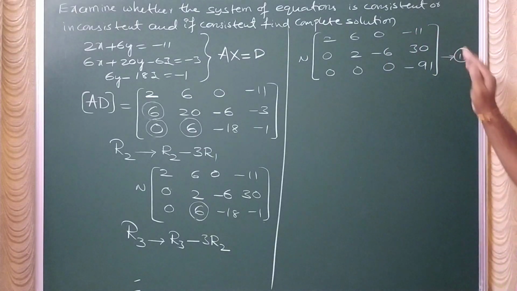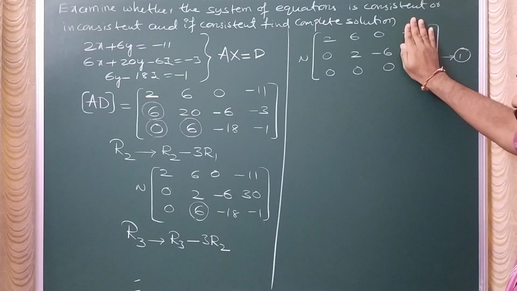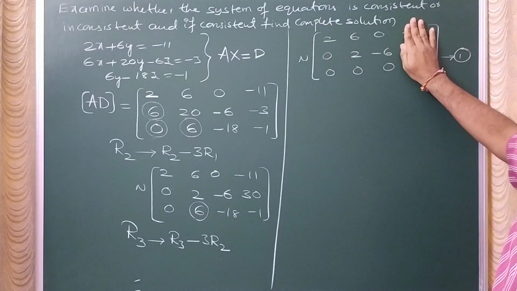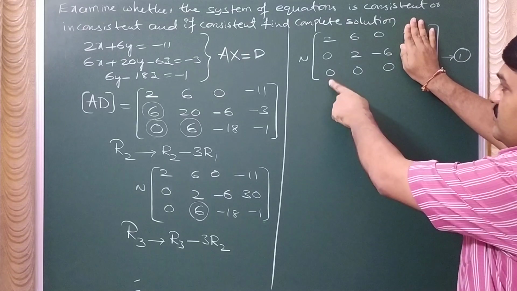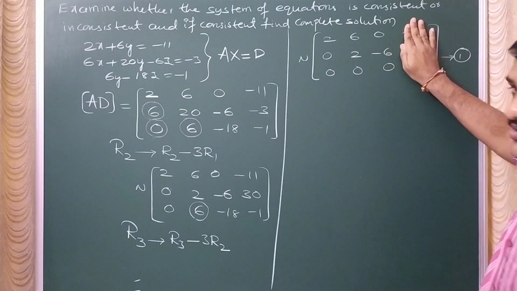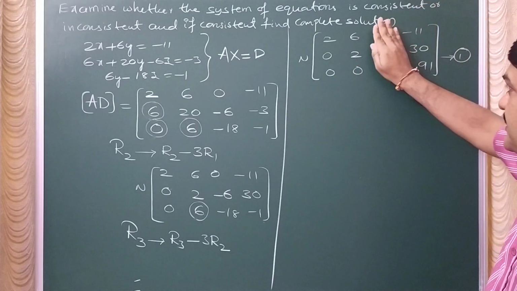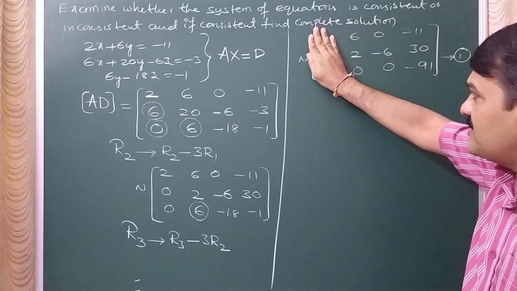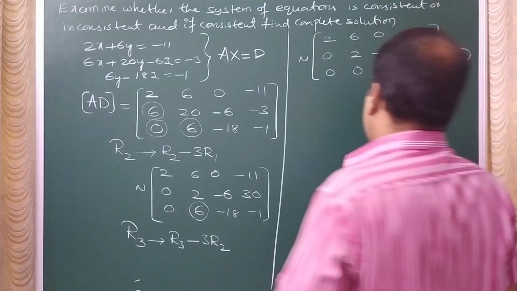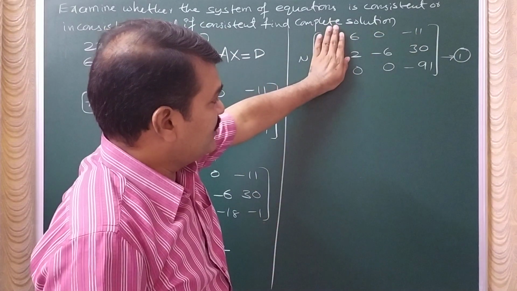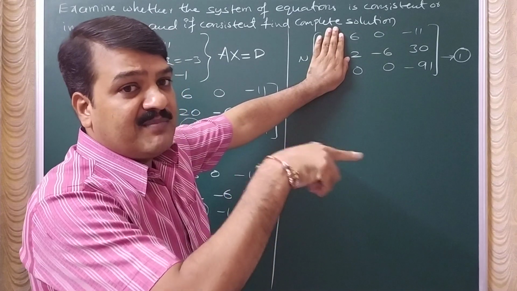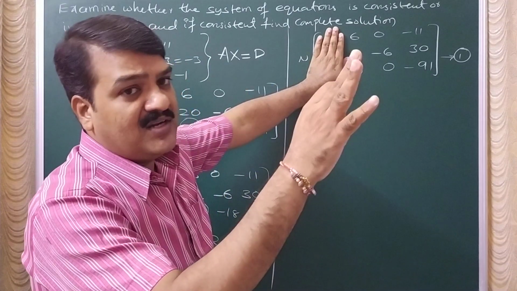I will check. Removing this column, this is a 3 by 3 submatrix. Determinant is clearly 0 because the last row has all zeros. Leave that. Take this submatrix or this submatrix, anything. For example, if I remove this column, for this 3 by 3 submatrix, determinant is clearly not 0.